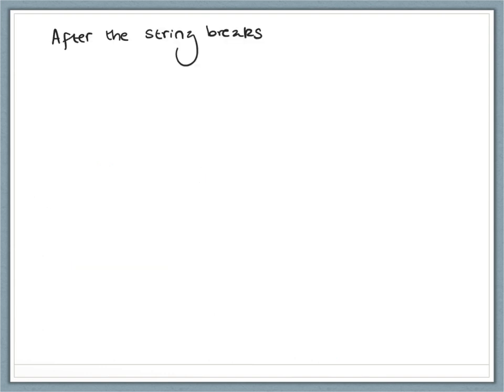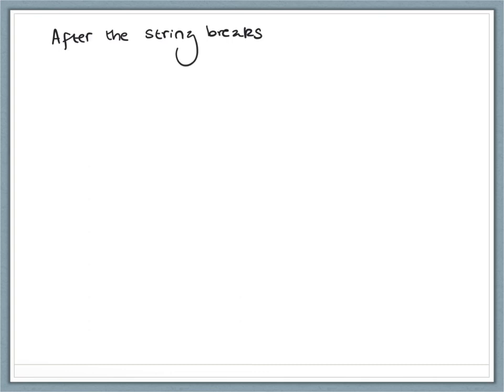Now, after the string breaks, P is not instantaneously going to start falling towards the ground. It will have some degree of what we call momentum because it had a velocity and it was moving upwards. It will carry on moving upwards until it hits zero velocity.